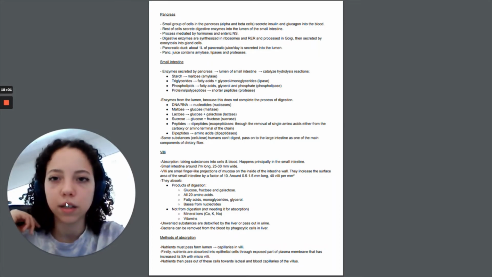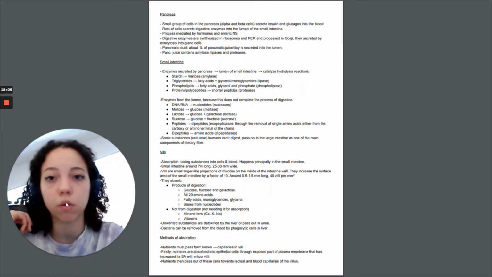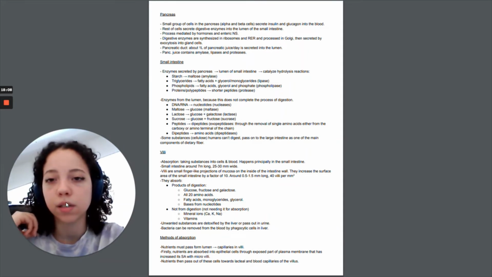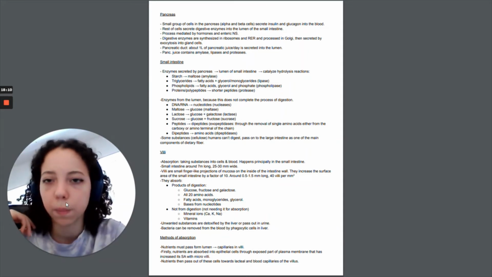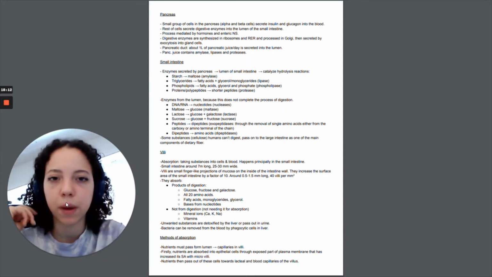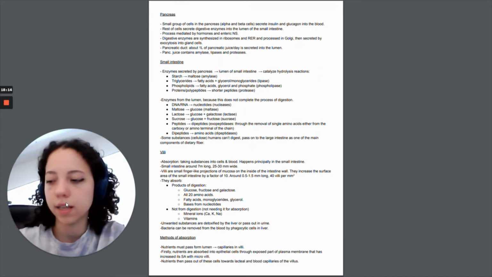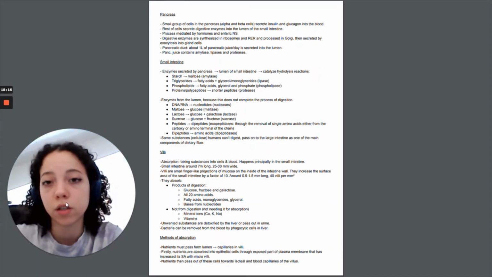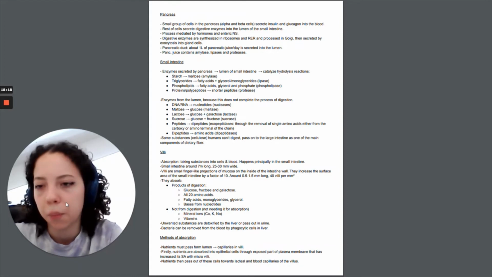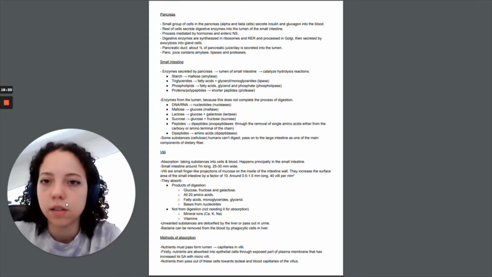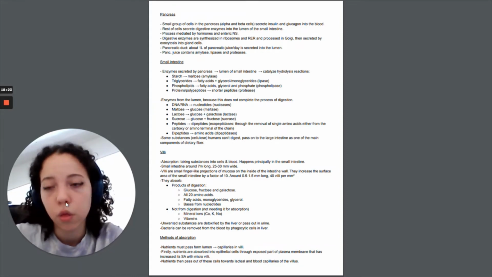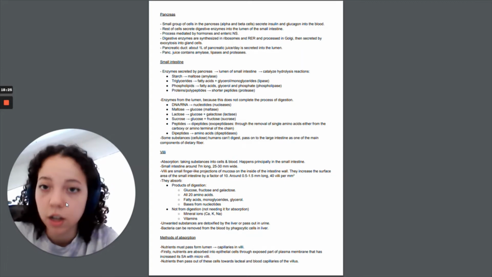Okay, so in the small intestine, we have many enzymes, and we have two types of enzymes: the ones secreted by the pancreas and the ones that come from the lumen. From the pancreas, these are enzymes which catalyze hydrolysis reactions, which is basically a breakdown reaction. Starch breaks down into maltose through the enzyme amylase.